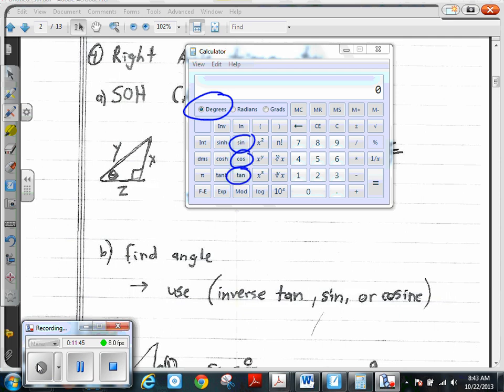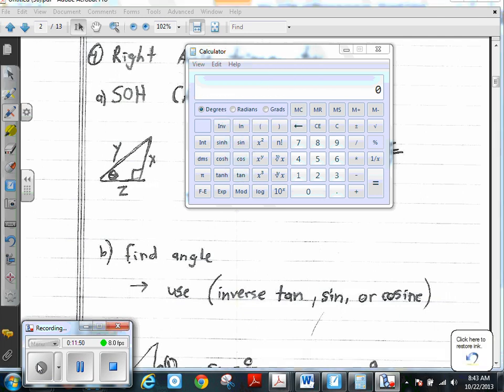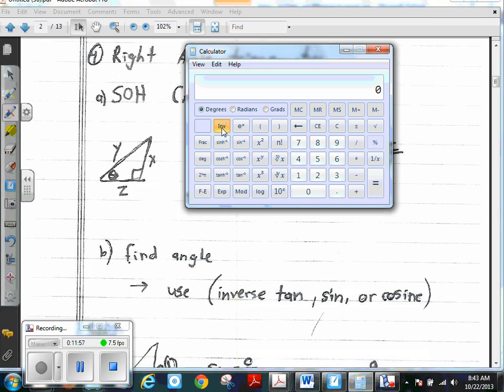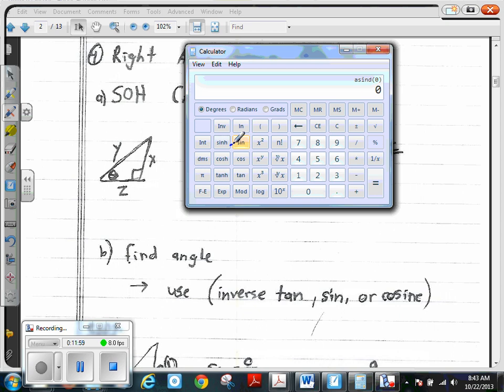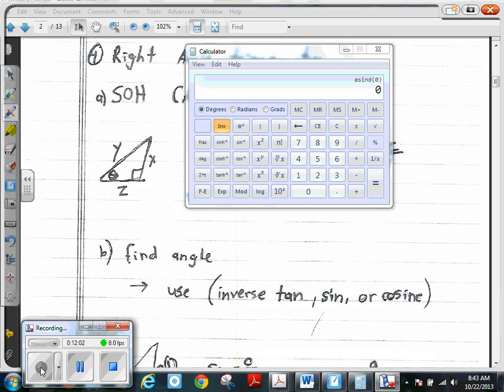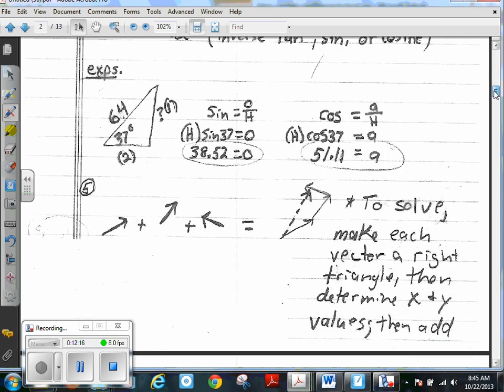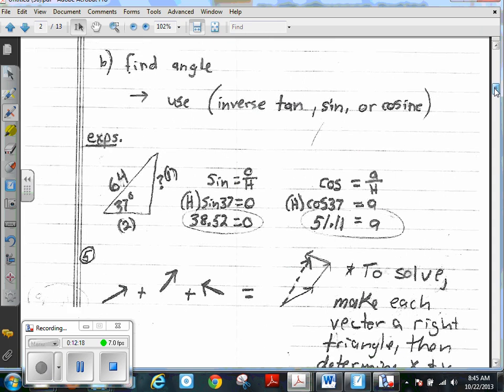Okay, now on this calculator, if we wanted to do the inverse, it looks like right there is the inverse. And now you can see all these buttons have changed. Now mine says sine to the negative first, cosine to the negative first, and tangent to the negative first. You probably have to do a second function on your calculator. Okay, so it's good to know that most of you have had this already. Here's some examples.